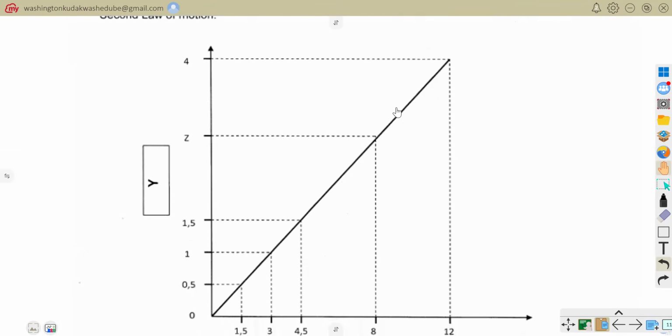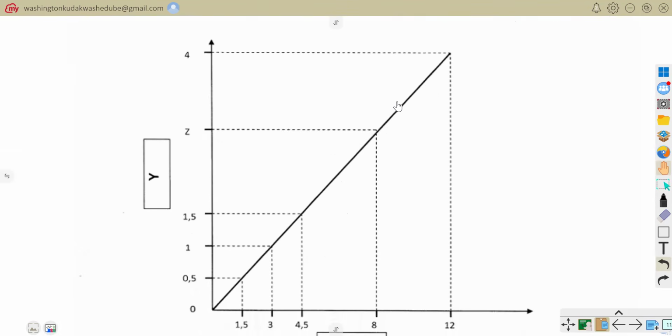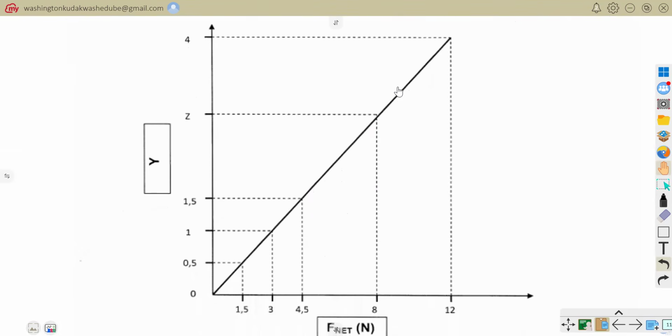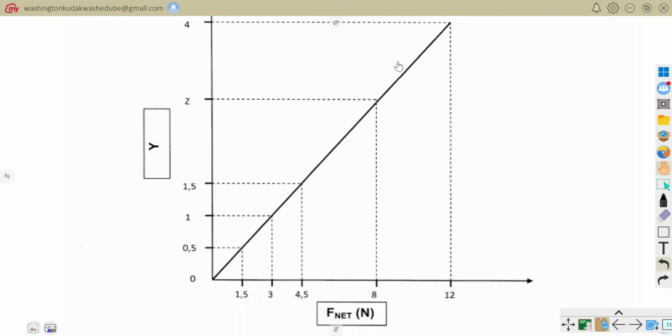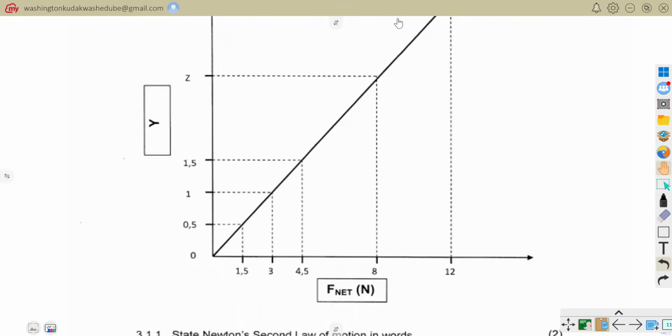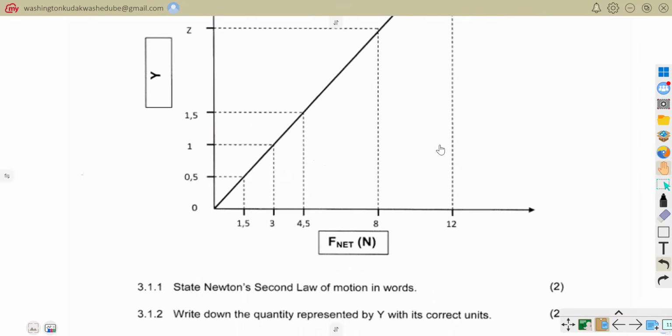This is the graph where we have y against F net. We do not know what is y and what is z. Now, let's hear what the following questions are saying.